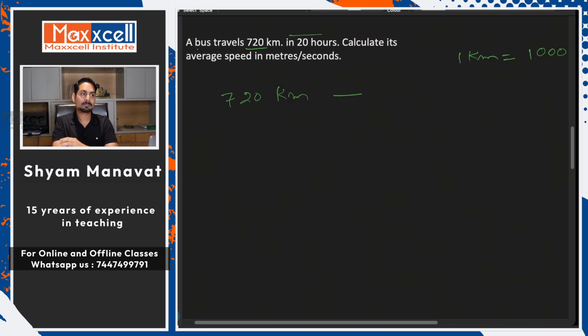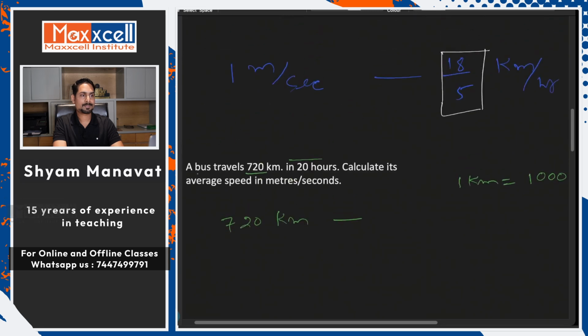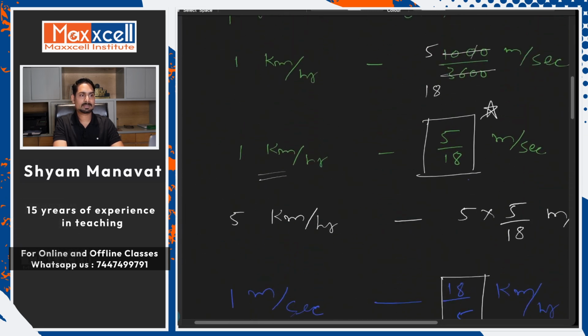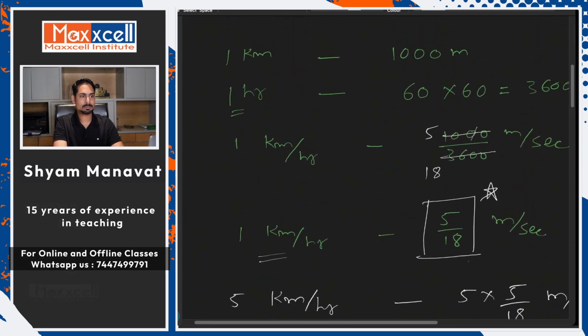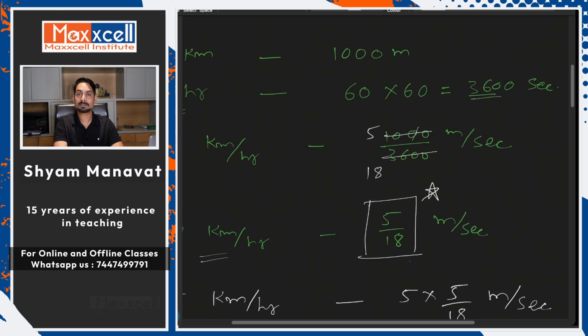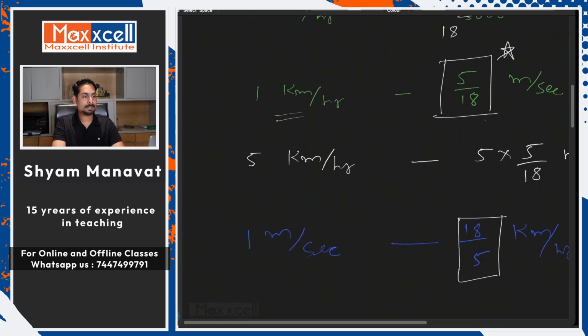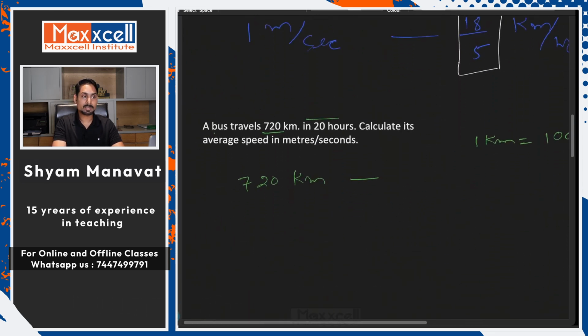And similarly, this 20 hours you multiply by what? 1 hour equals how many seconds? 3600. That's the conversion number, right? So 20 hours you multiply by 3600, so that will get you the conversion into seconds.